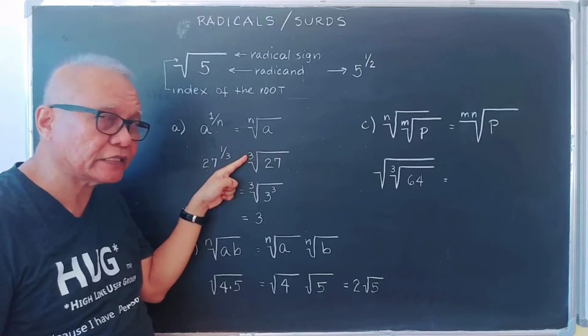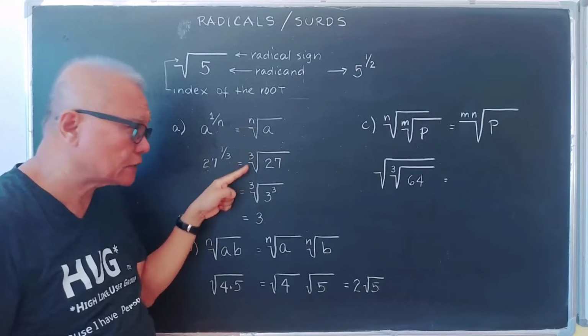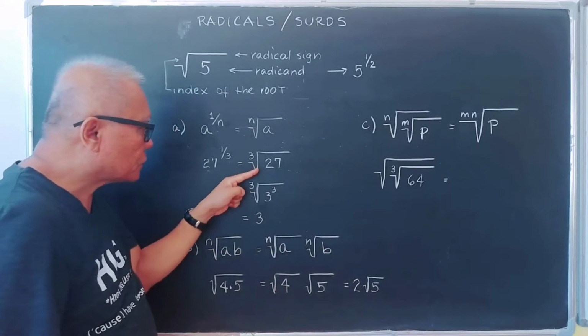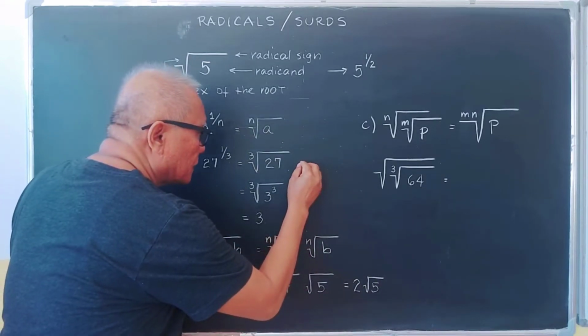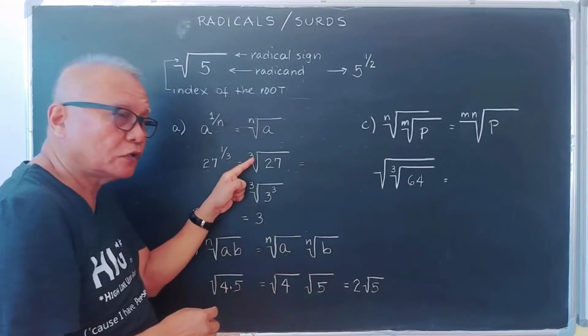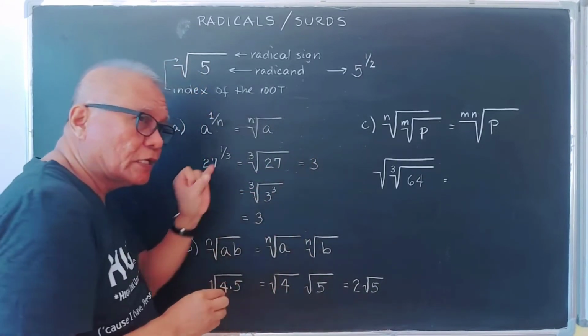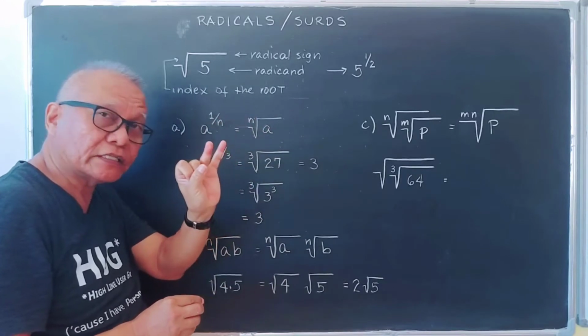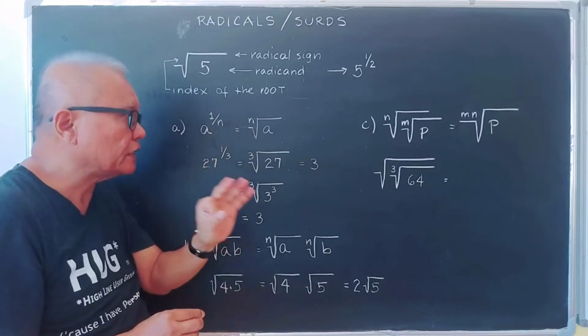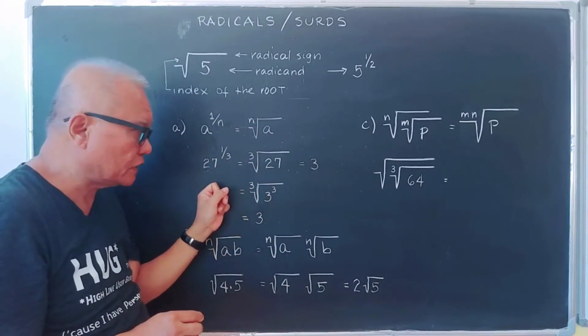So you have to write the 3, 4, 5, 6. We know this one is 3. The cube root of 27 is 3, because 3 times 3 is 9, times 3 is 27.